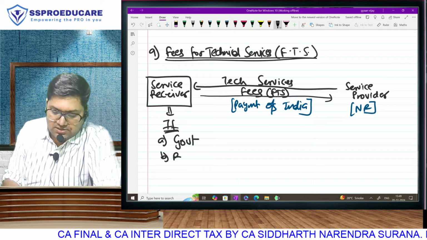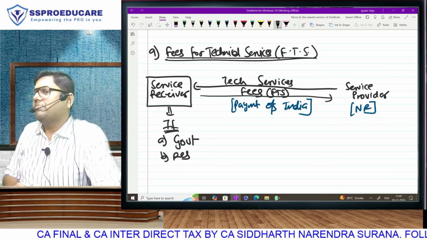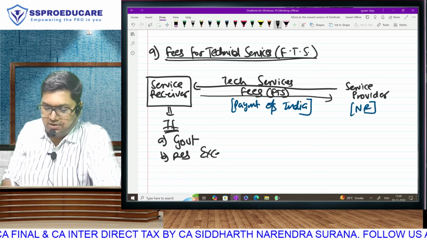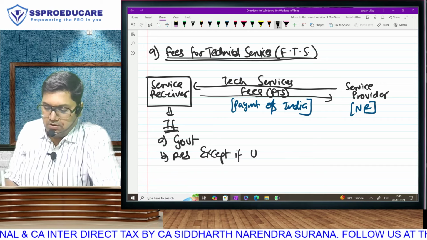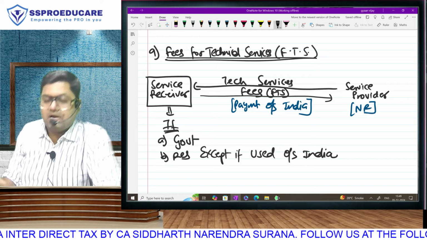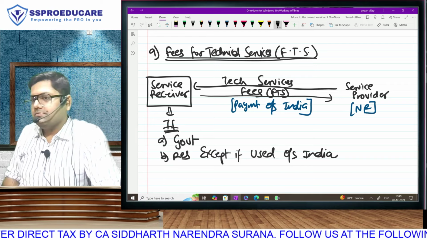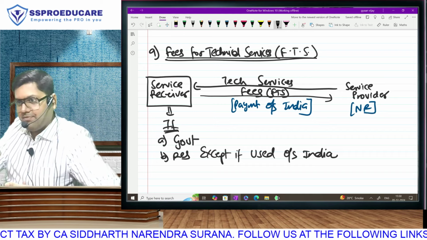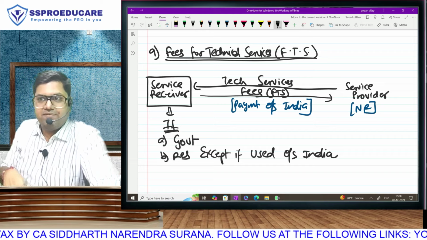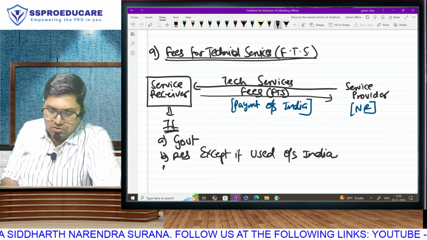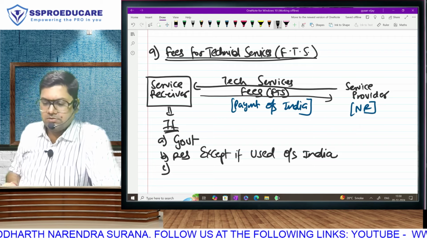If this person is resident, so it is assumed that he will be using my services in India, except if used outside, because if used outside India, it cannot be Indian. Government mein that question only does not arise, but for other people, it can be in India, outside India. If in India, then we will consider it as Indian income, otherwise we will not. You tell me the third point.